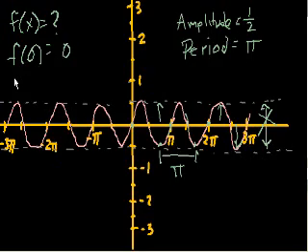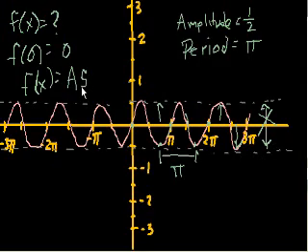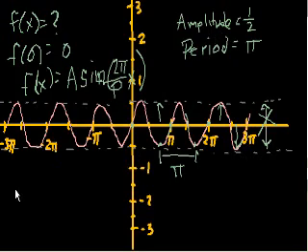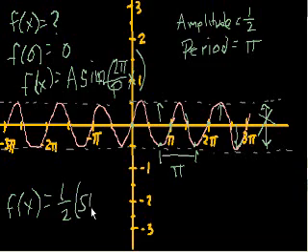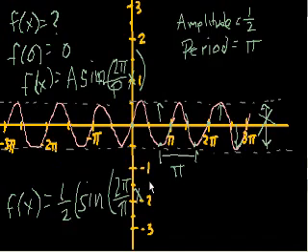So we know the formula is going to take the form f of x equals the amplitude times sine of 2 pi over the period times x. If we substitute the numbers we just figured out, f of x is equal to 1/2 sine of 2 pi over pi x.